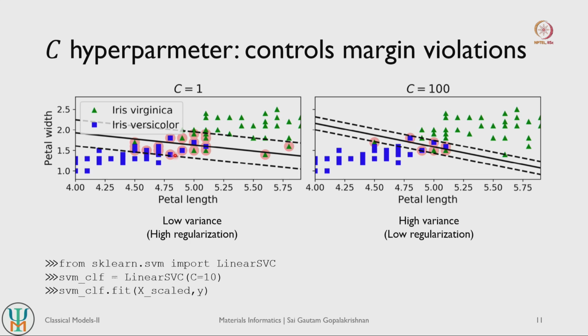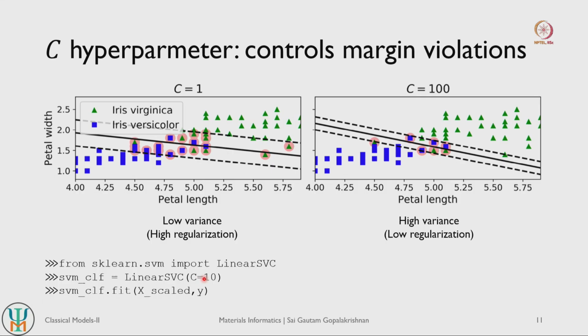So, a lot of points within the street are not getting classified correctly, right. So, this is an example of a low variance model, right. But if you now increase the variance of the model, then the model minimizes the number of outliers and it also narrows the street, and it is actually fitting between the green data points and the blue data points, right. So, the C hyperparameter is a fairly important hyperparameter that can be used to regularize our support vector machine models.